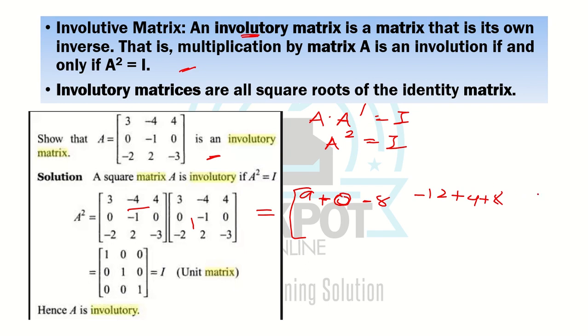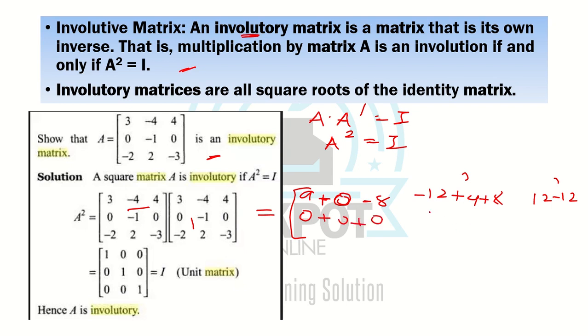Then you have 12 plus 0 minus 12, so both of these turn out to be 0 actually. Then you have 0 plus 0 plus 0.